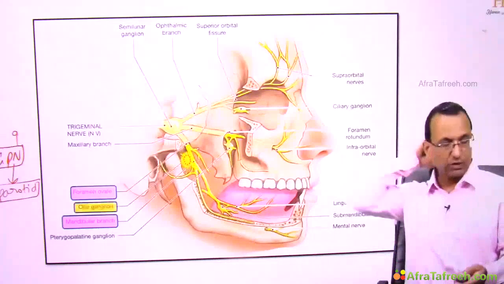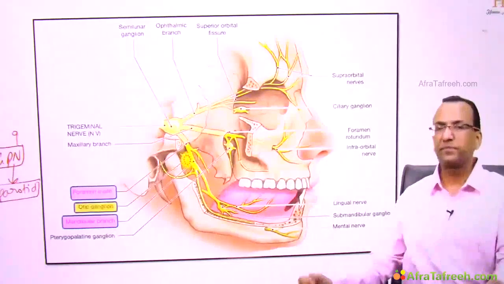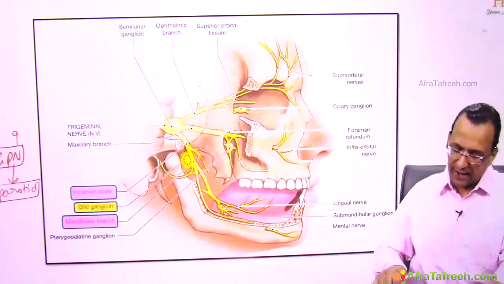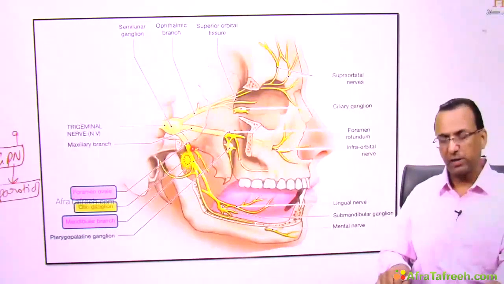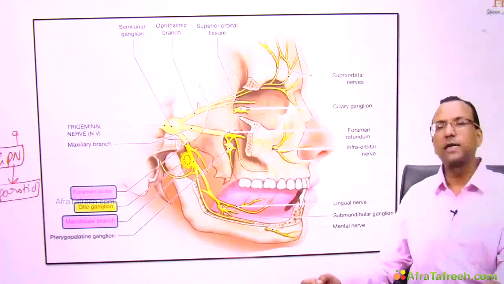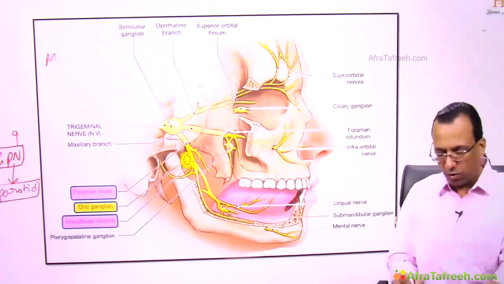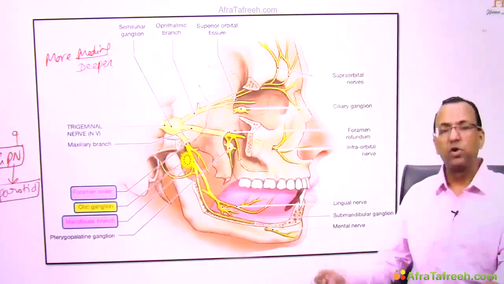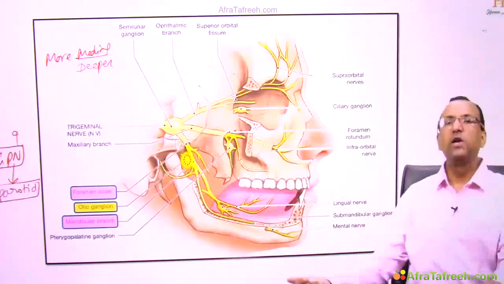Remember one question which AIIMS people have asked. Which question? They asked, what is the relation of the otic ganglion to the mandibular nerve? The otic ganglion is more medial and deeper, and the mandibular nerve is more lateral and superficial.